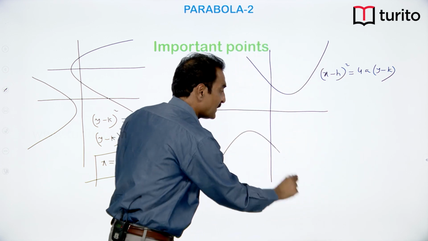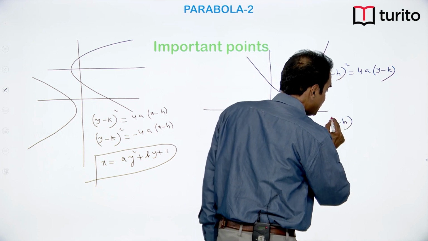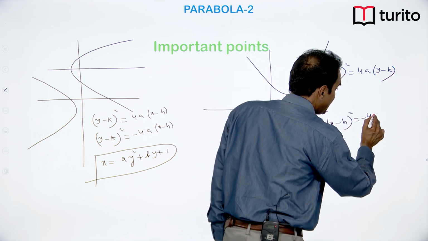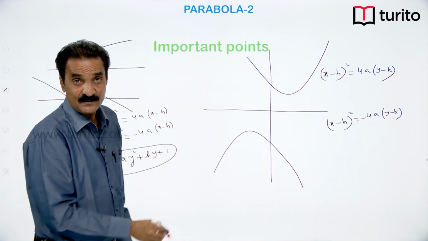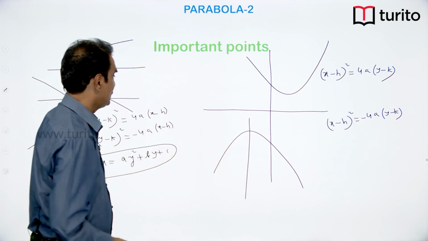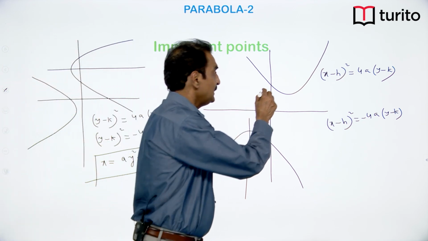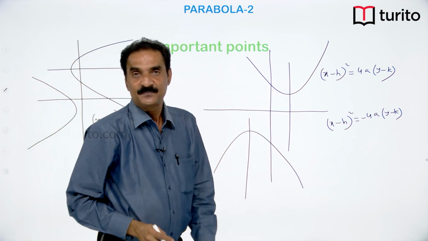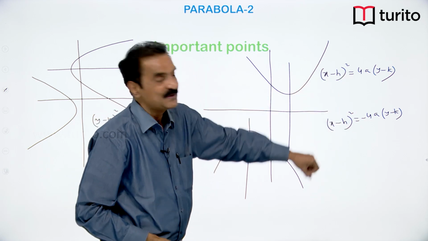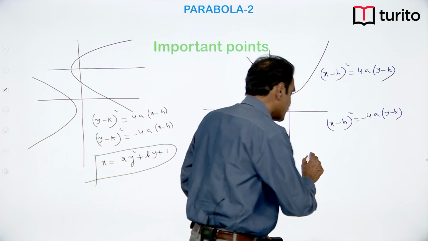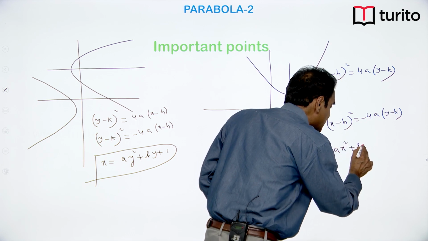If it is downward parabola, the equation of the parabola is (x minus h) whole square is equal to minus 4a into (y minus k). In both the cases, axis of the parabola is parallel to y axis. In these 2 cases, axis is parallel to x axis. If axis is parallel to y axis, the equation will be either in this form or in this form. After simplification, the equation will be reduced to y is equal to ax square plus bx plus c.